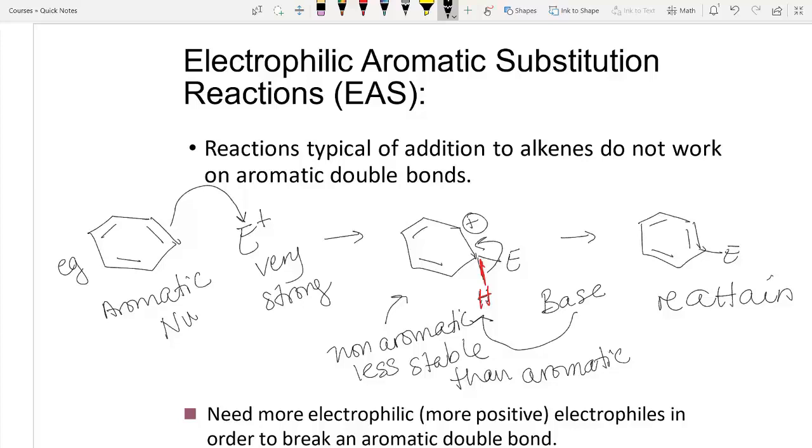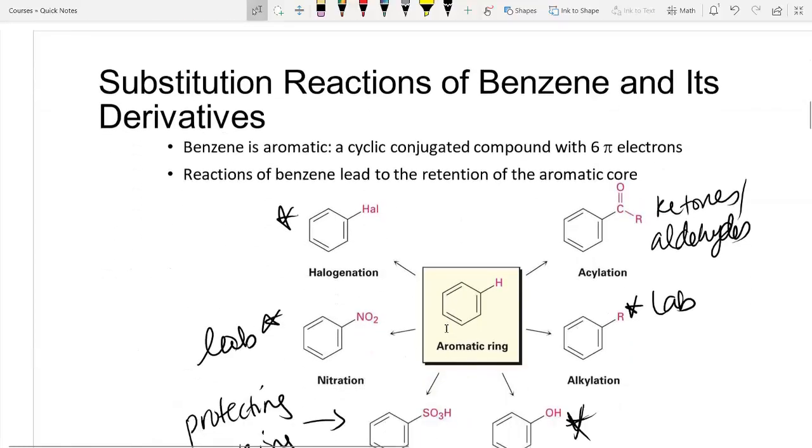So in these reactions, we're going to end up with this intermediate, and it's this intermediate that we'll look at under other conditions. This intermediate is one of the things that we'll look at when we have other things on the ring already, and evaluate how those substituents might affect this reaction. This particular intermediate, you'll notice in your textbook, has a name, and we'll get back to that in a little bit.